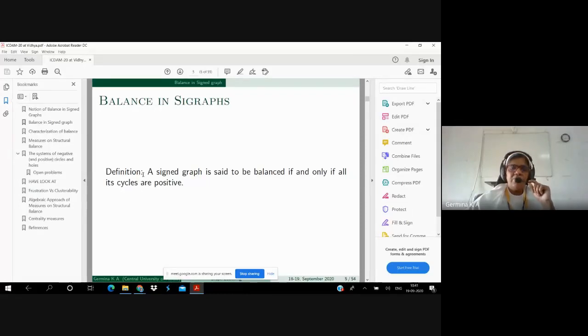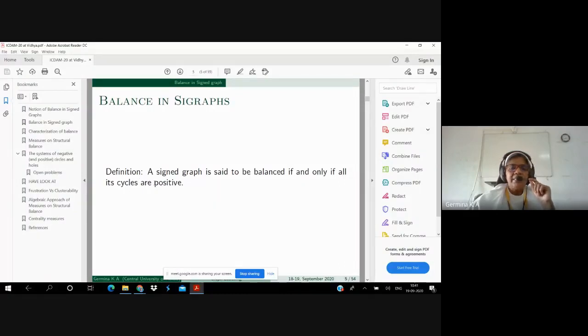Given a signed network, how do you decide whether it is balanced? Some characterizations are there. A signed graph is said to be balanced if and only if all its cycles are positive. You identify all the cycles in the network. If you see that all the cycles are positive, and we have already seen how to decide whether a cycle is positive or negative, just take the product of the signs on its edges.